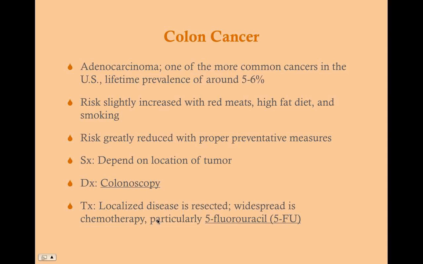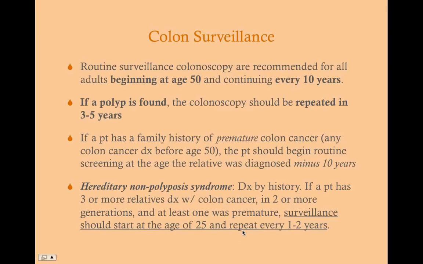The treatment is going to be resection. If it's widespread, you should use chemotherapy in addition to resection. And the particular agent you're going to use is 5-fluorouracil, and that's for most GI tumors. So remember, you also use 5-fluorouracil in esophageal tumors.